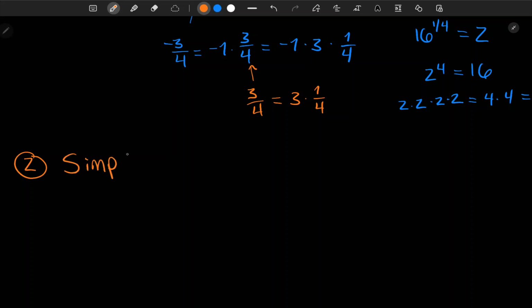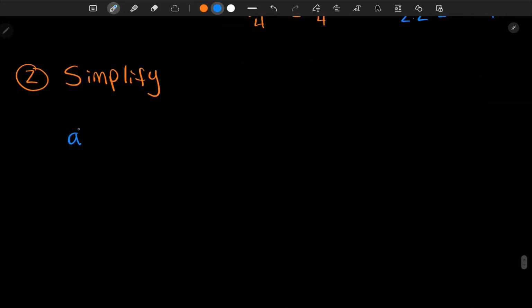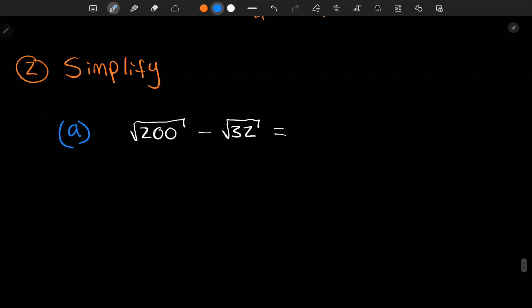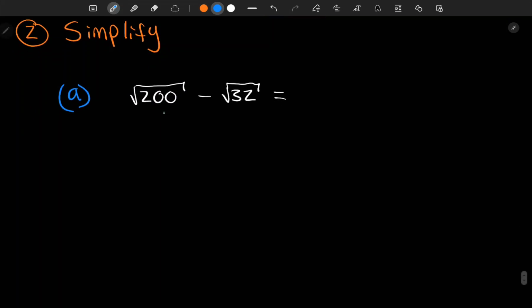So next, we want to simplify the following. Given square root of 200 minus the square root of 32, I ask you to simplify this. So, as is the case with all radicals, which is what this is, the square root is just a radical, we factor 200 into two numbers.